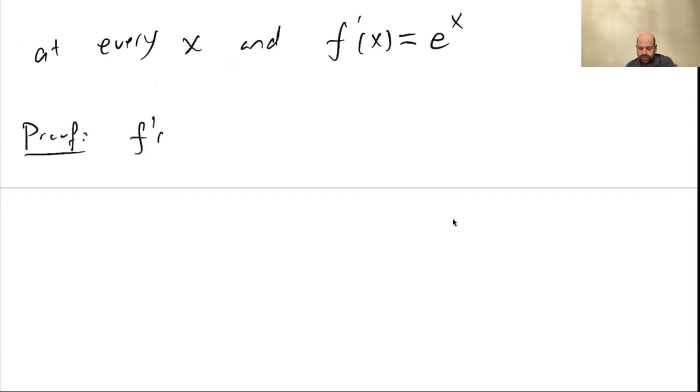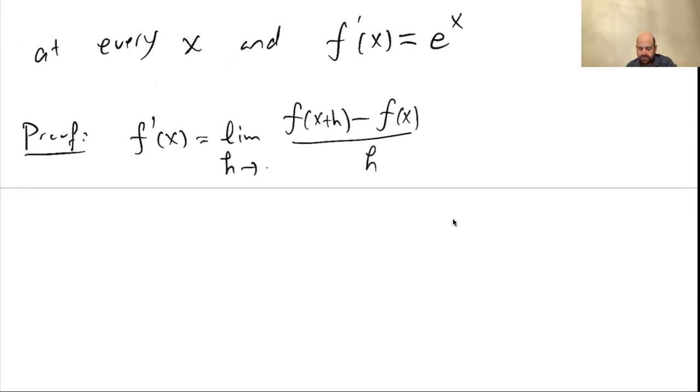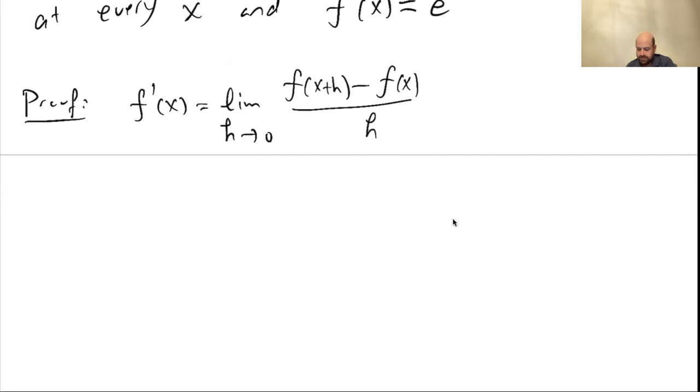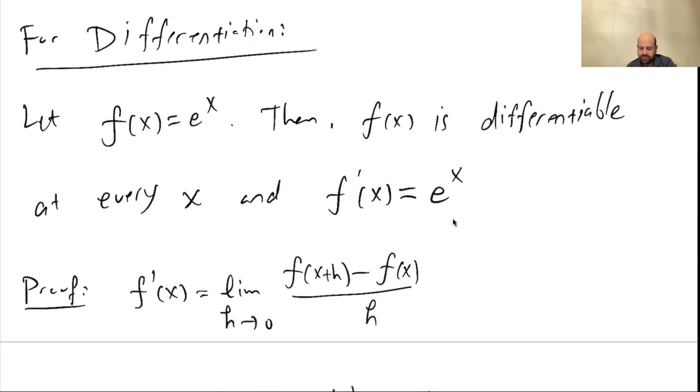So what do we need to find? F prime of x is, as we know, the limit of f of x plus h minus f of x over h as h approaches 0. And then this is equal to the limit of e to the power x plus h minus e to the x divided by h as h approaches 0, right? Because f of x is e to the x.